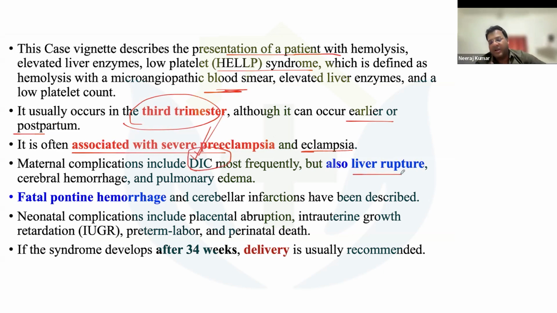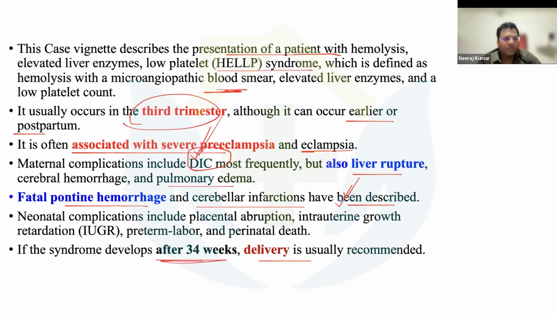Also, the second differentials would be liver rupture, cerebral hemorrhage and pulmonary edema, right? Fatal pontine hemorrhage and cerebral infarctions have been described, but they are not as common as DIC. Neonatal complications include IUGR or placental abruption. If the syndrome develops after 34 weeks, delivery is usually recommended.